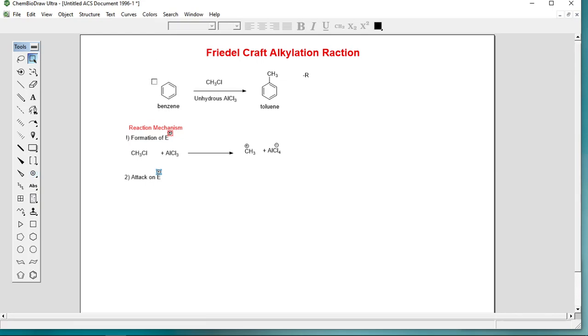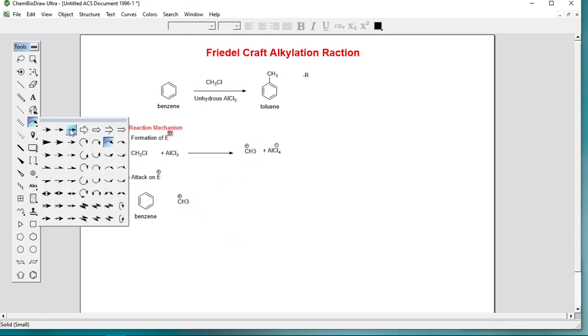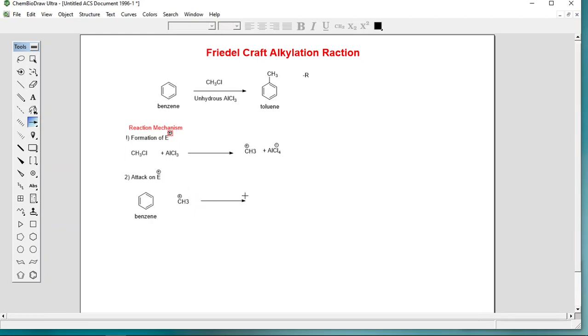So this benzene, having a loosely bound pi bond, will attack on this CH3.